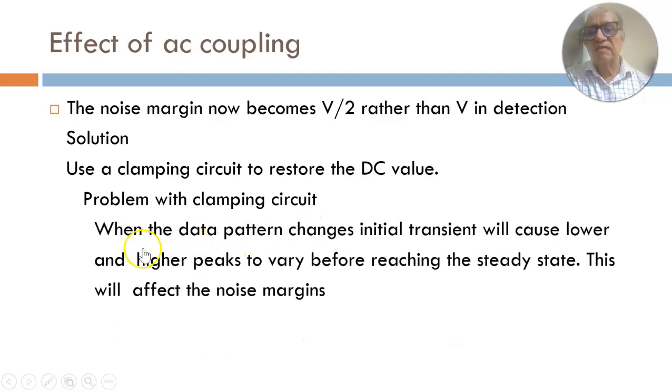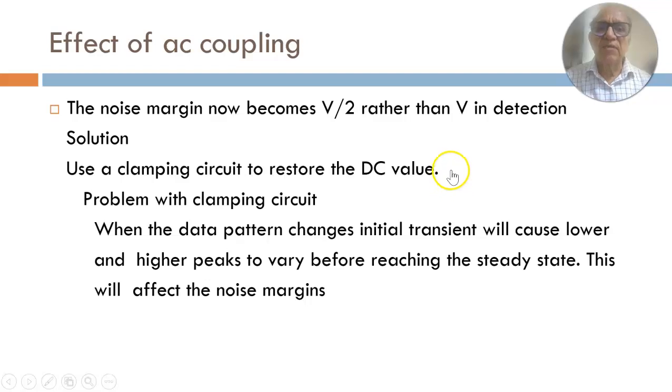Let me just read it out again. When the data pattern changes, the initial transient will cause lower and higher peaks to vary. They don't remain the same, they keep on changing before reaching the steady state. This will affect the noise margins. Therefore, it is better to use signaling methods which do not contain the DC component itself.